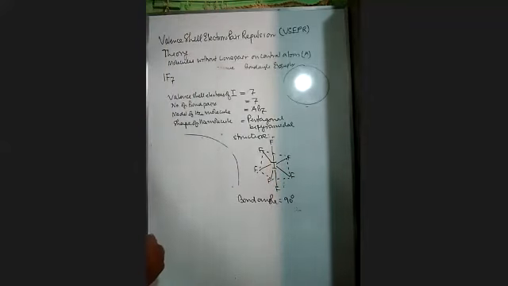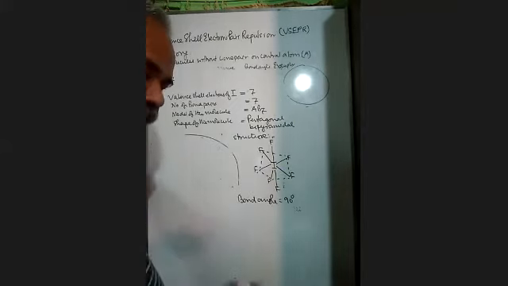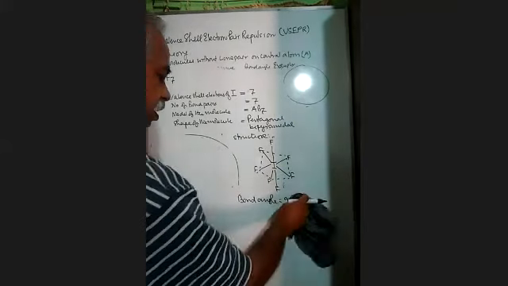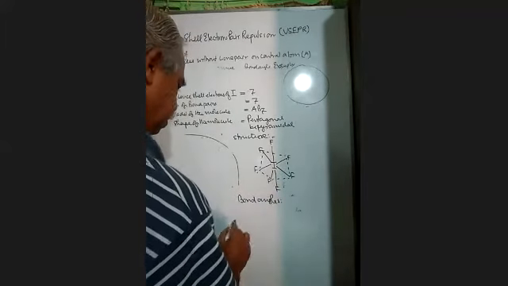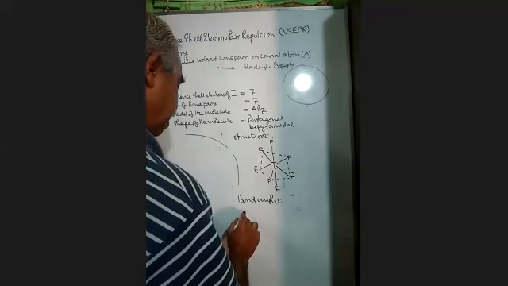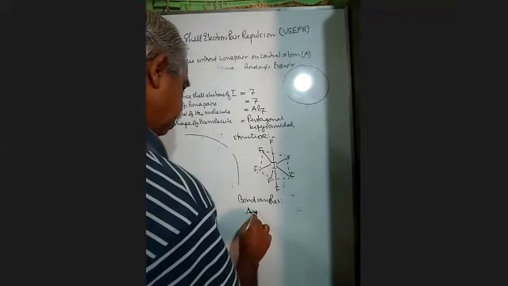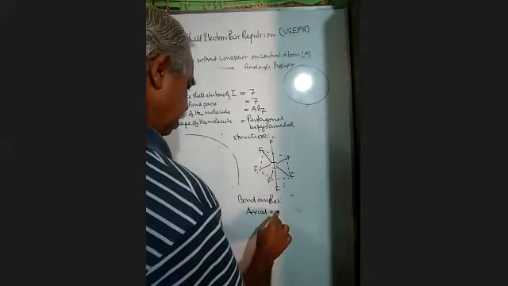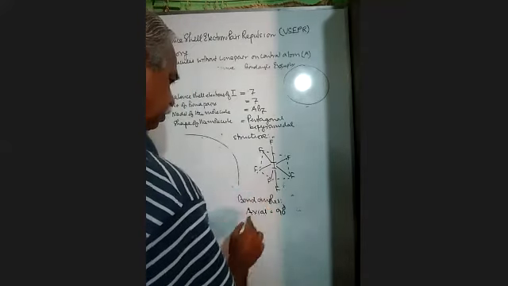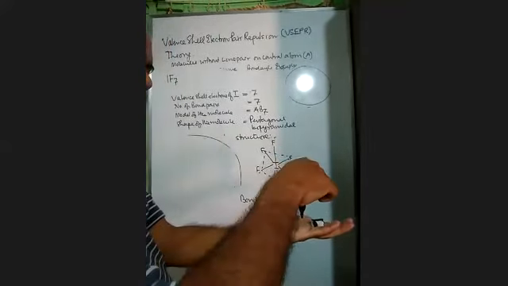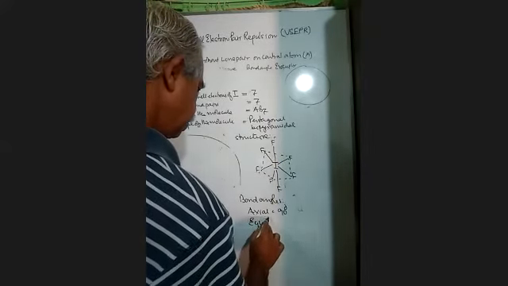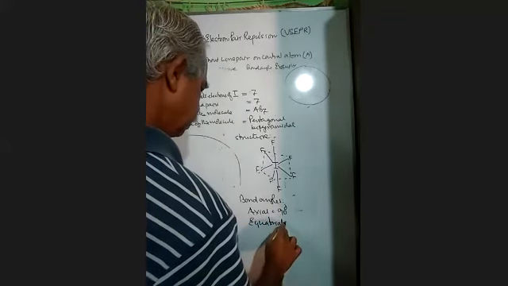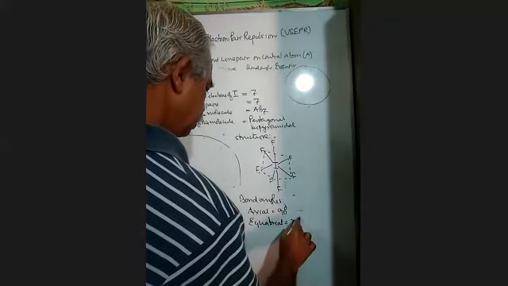So what is the bond angle? Here also you'll have axial and equatorial bond angle. Bond angles. We'll find now here, axial 90 degree, because it's perpendicular to the plane like this, 90 degree. And equatorial 72 degree.